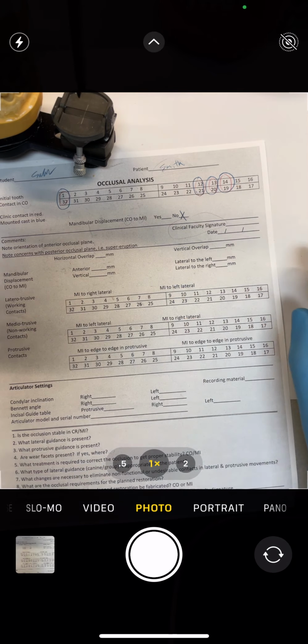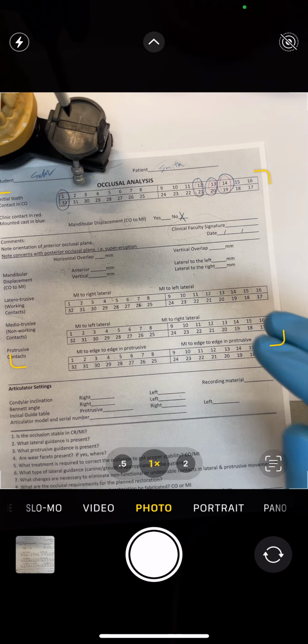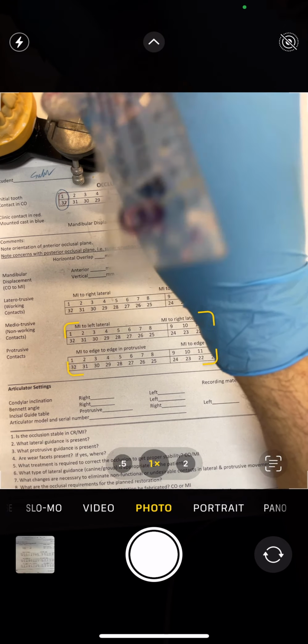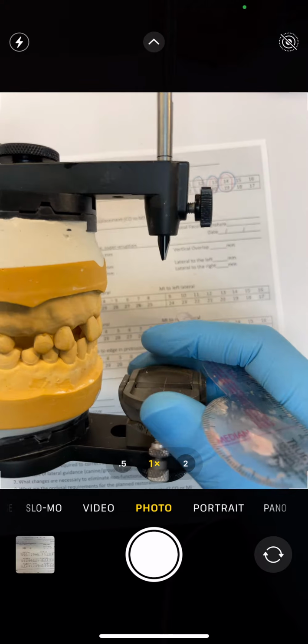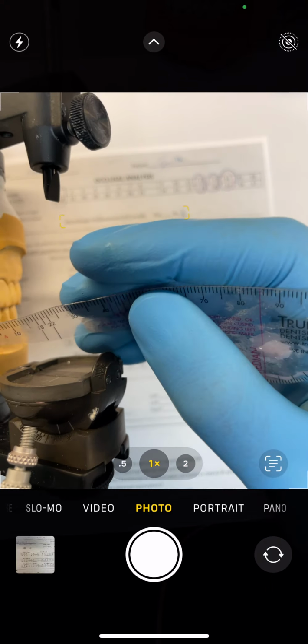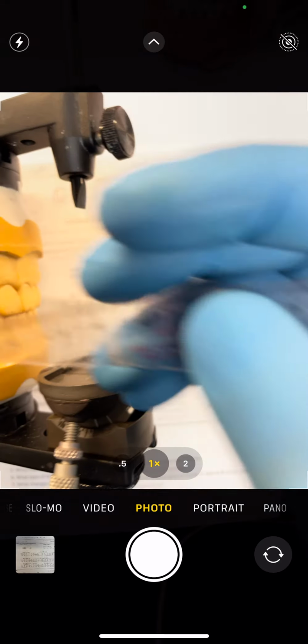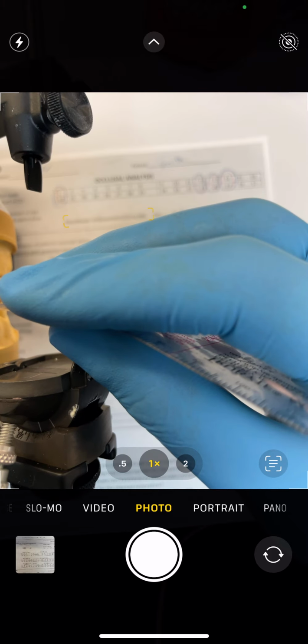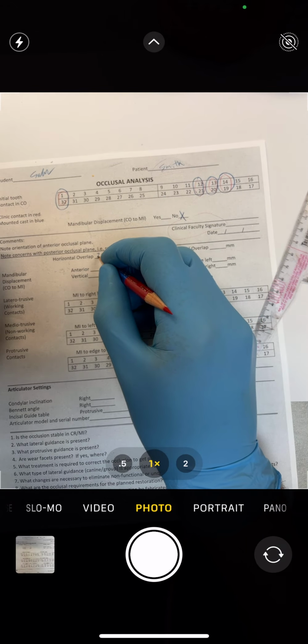Horizontal overlap. I'm trying to measure the overjet and the overbite of the anterior teeth. So basically you use the ruler. I trim my ruler to the 0 as you can see here. So I measure, this is almost 3 millimeter horizontal overlap.